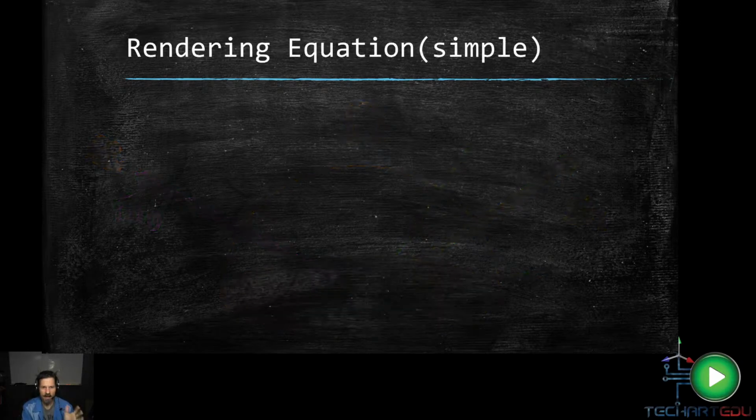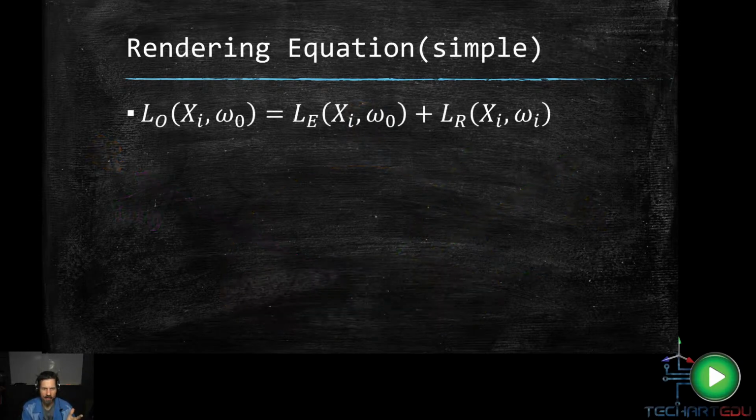Okay, in other simpler terms, this is what it looks like. So in other words, on the left-hand side, we've got the color of the pixel we're actually looking at, and it equals the light actually being emitted from that point X plus all of the light that the point X is reflecting.